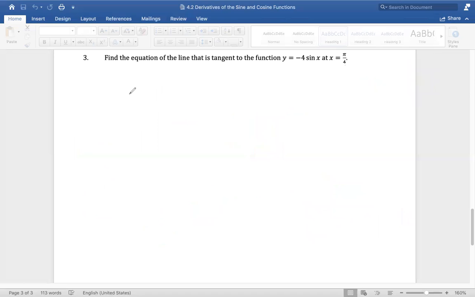I'll just rewrite that for you. We had our equation for y equals mx plus b. We don't know what y is. The slope is -2 root 2 multiplied by my x value of pi over 4 plus b.